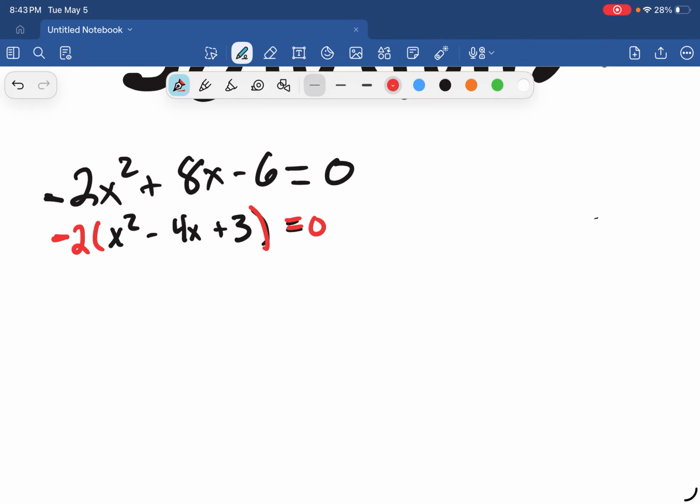For the rest of this problem, I can just forget it. It's not going to help me find the solutions. It's not going to change anything. What makes this equation 0 is what's going to make this equation 0. However, once I've removed that GCF, I can go ahead and find my a, b, and c values.